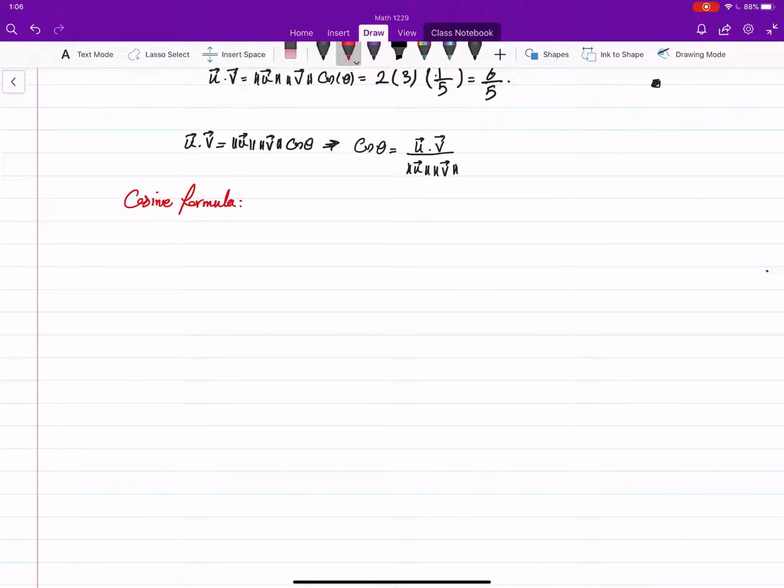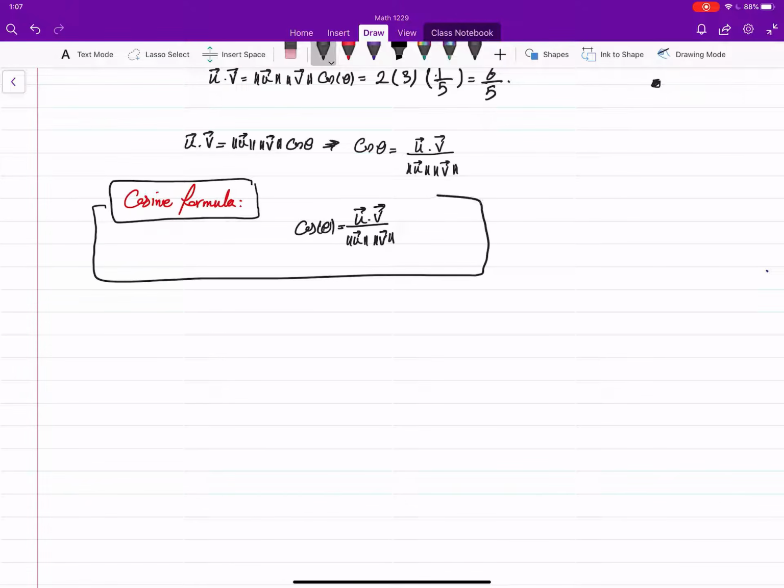It says that if you know the dot product of two vectors and their lengths, then you can find the cosine of the angle between those two vectors, u and then v. Let me just put this in a box so that you keep it in mind.